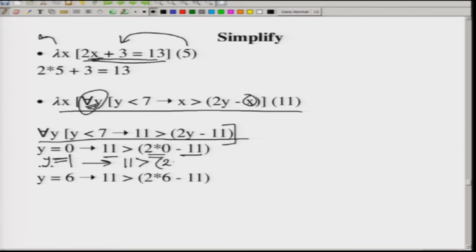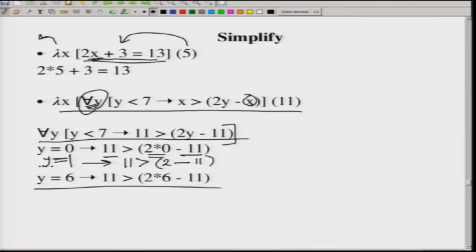2 multiplied by 1, that is 2 minus 11, which is once again true, because this will be minus 9. So, this way we just go up, and finally y is 6 still. So, when y is 6, then also 11 is greater than 2 multiplied by 6, which is 12 minus 11, which is 1, and 11 is greater than 1.